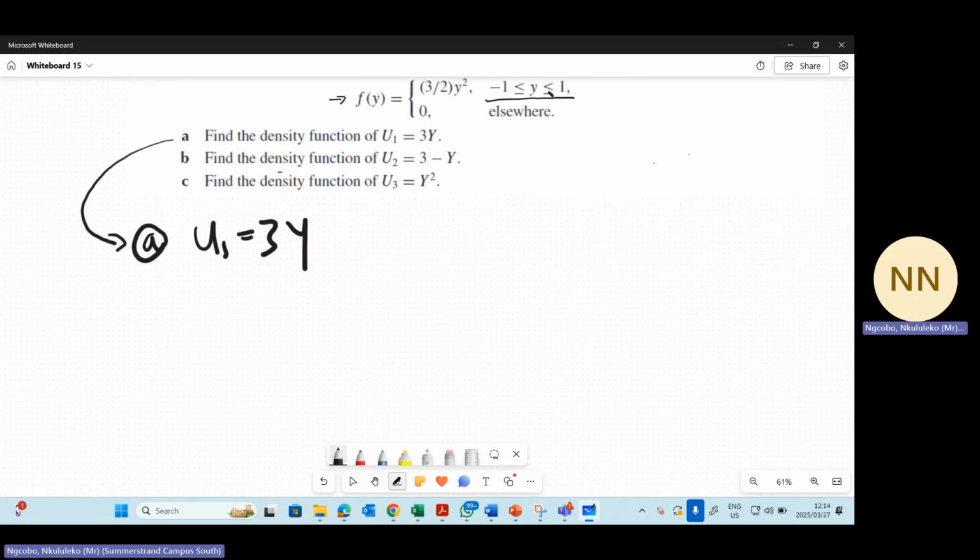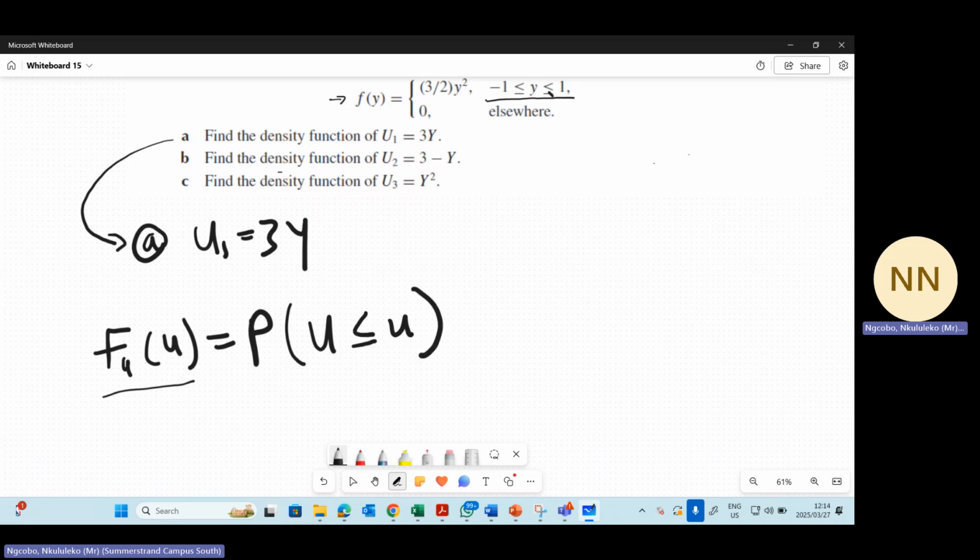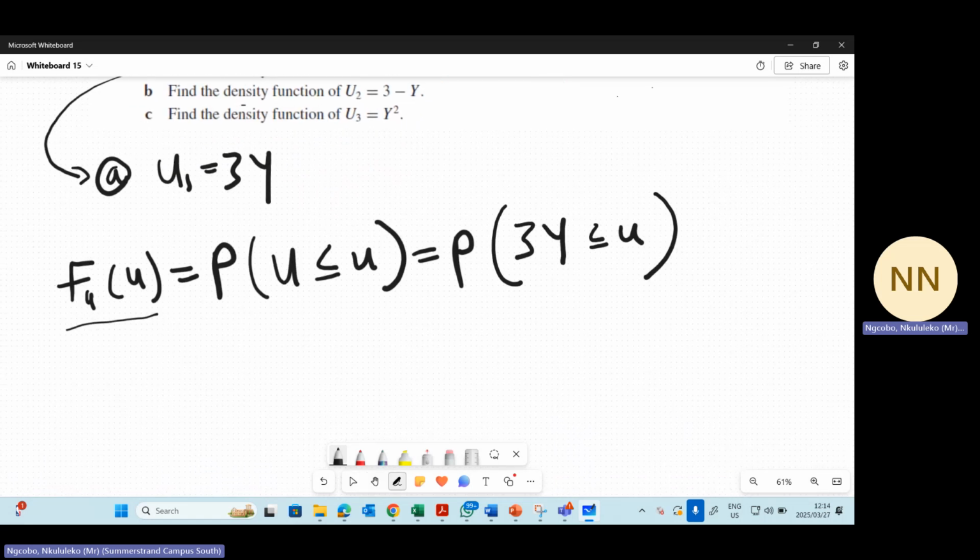What do we know? We know that f of u is the PDF of u, right? But we know that this is the same as the probability of U less than or equal to small u. Then u being 3y is less than or equal to u, right?